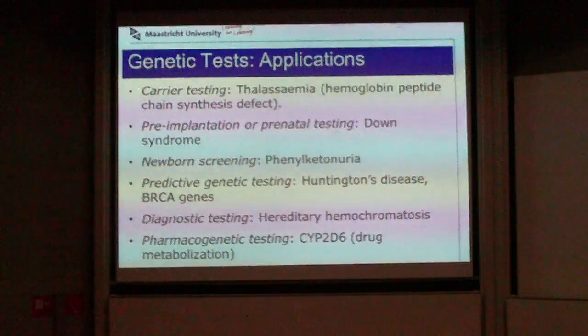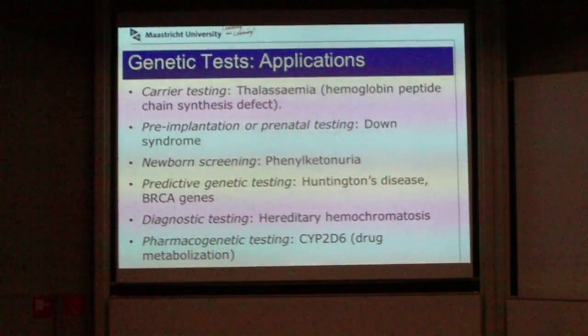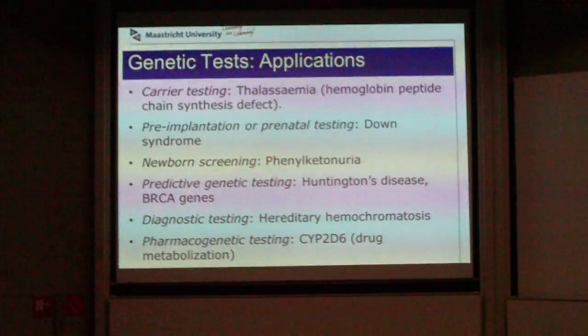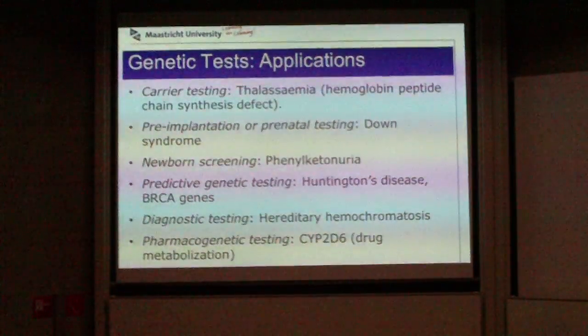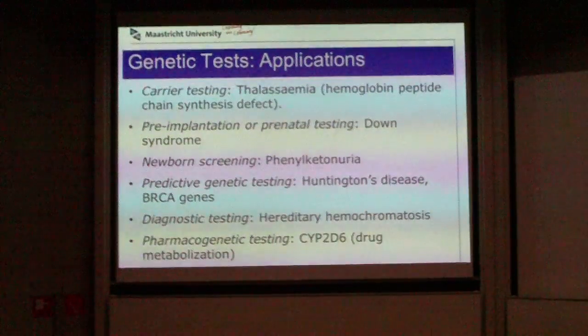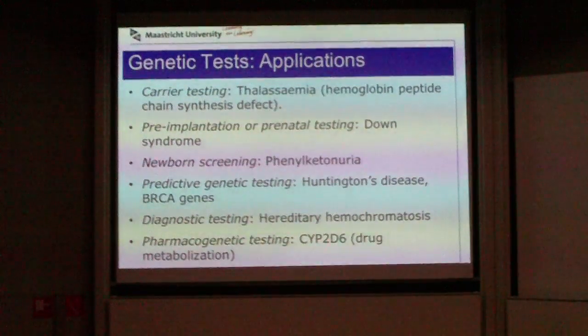You can use screening of newborns, PKU for instance, predictive genetic testing for certain diseases, like the breast cancer related genes, diagnostic testing for hereditary hemochromatosis for instance, or even pharmacogenetic testing.